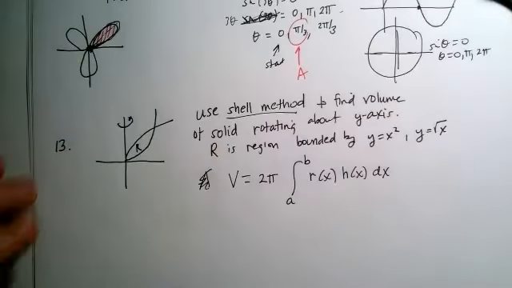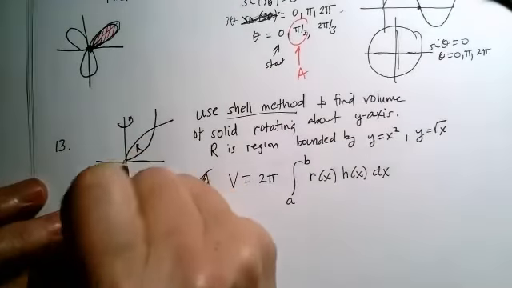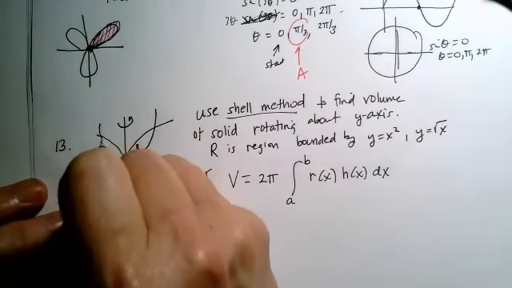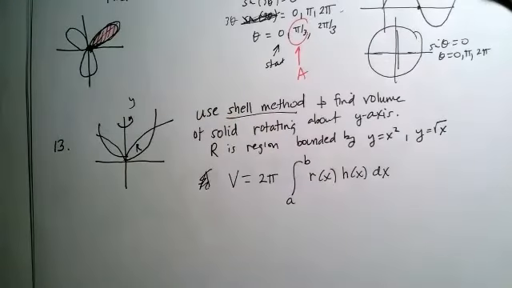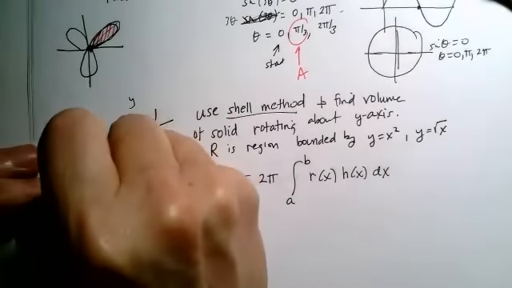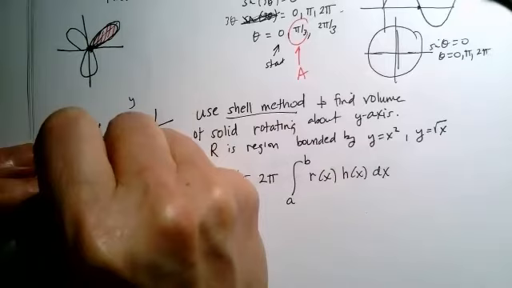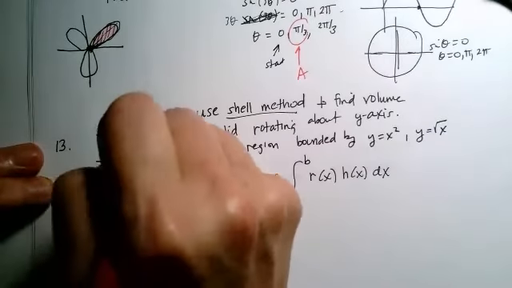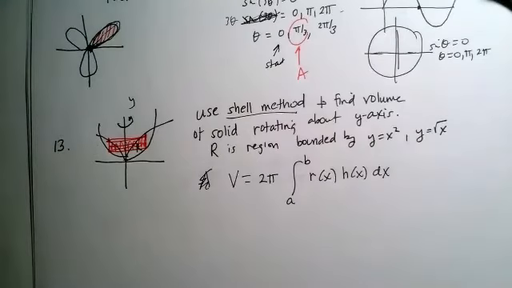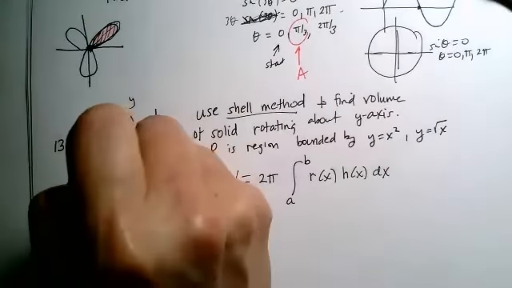Okay, so I'm going to draw the reflection as we're rotating about the y-axis, and I'm going to draw a shell in here. Okay, so here's our shell. Does anybody remember what is the radius of the shell?